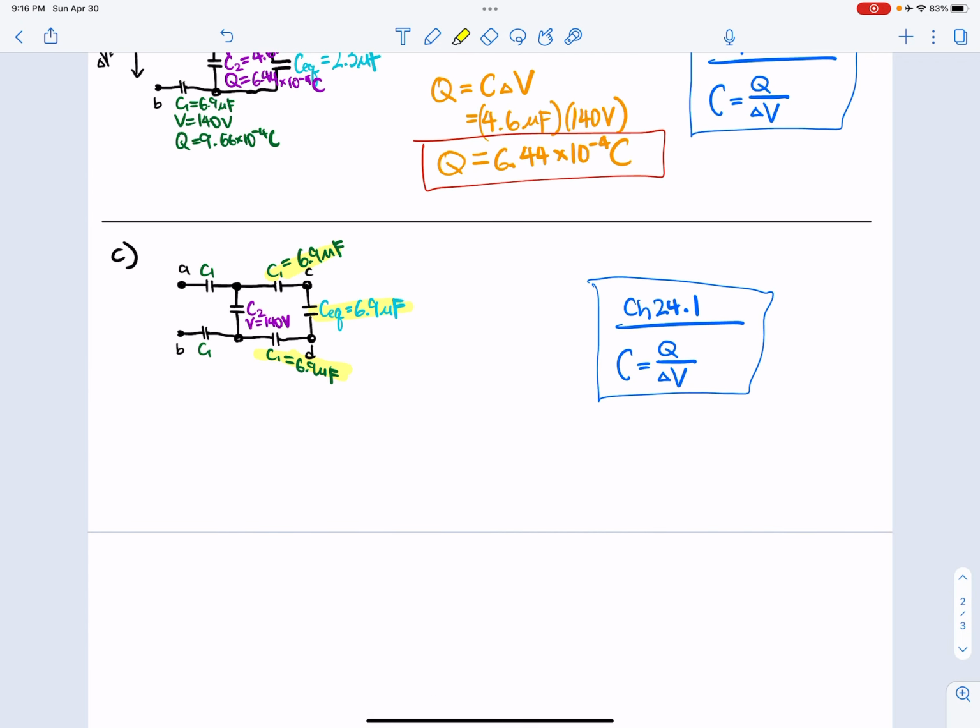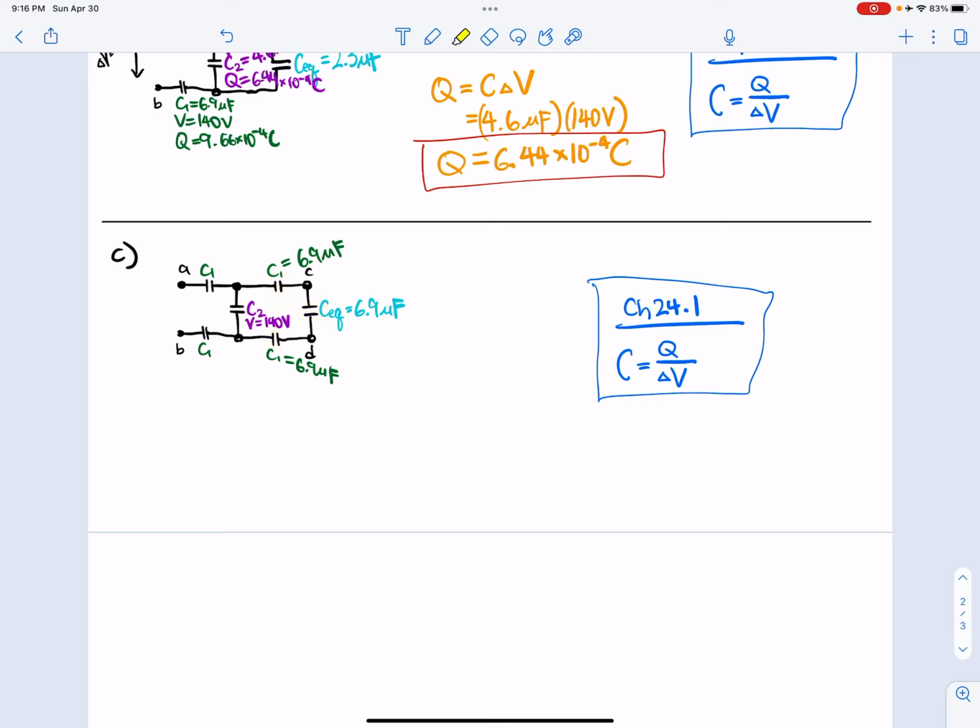So if the charge is the same and the capacitance is 6.9 microfarads for all of them, based on this formula, the delta V, or potential difference, will also be equal between these three capacitors.